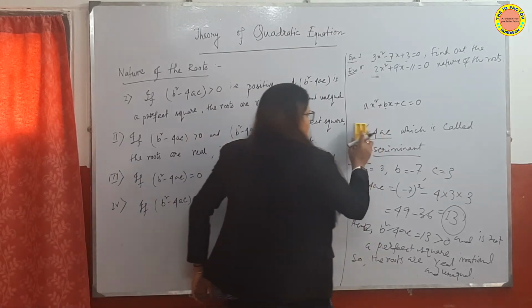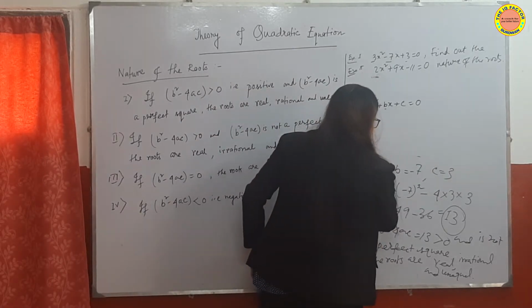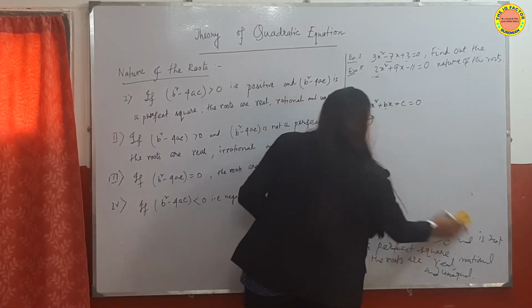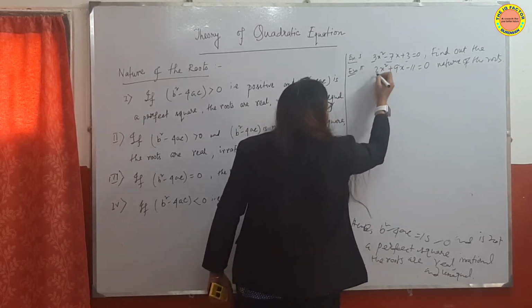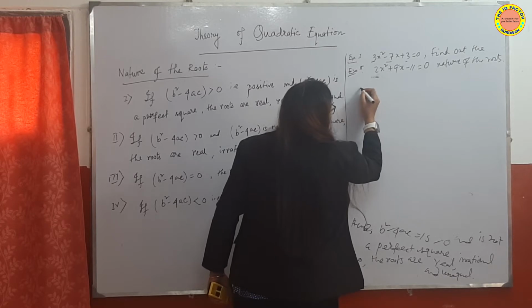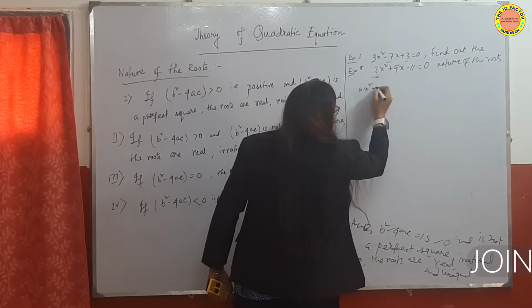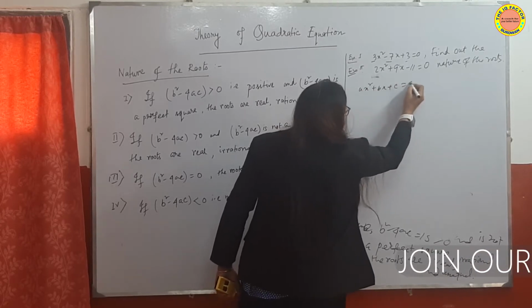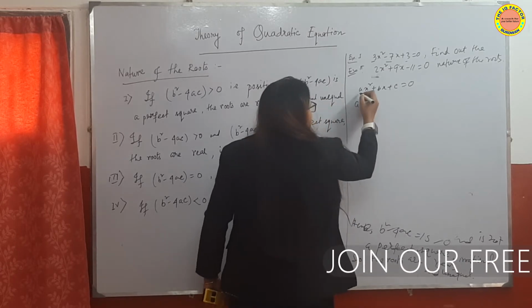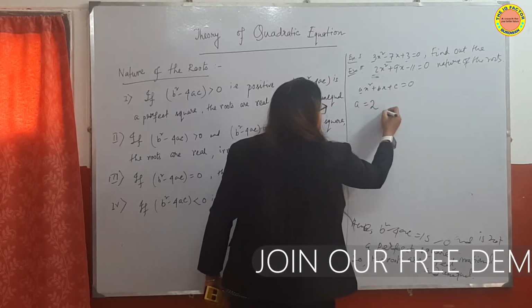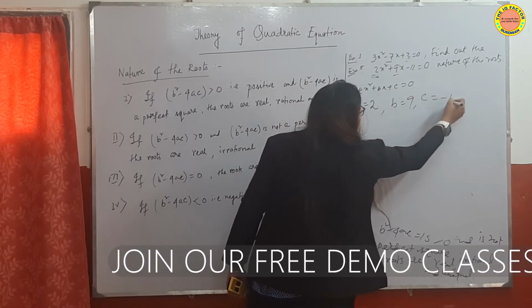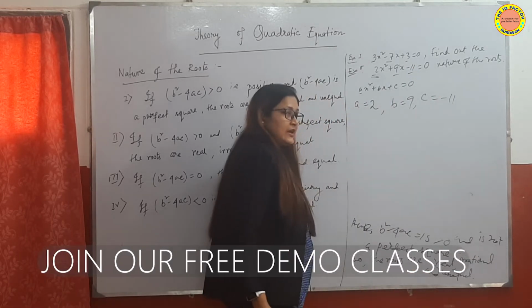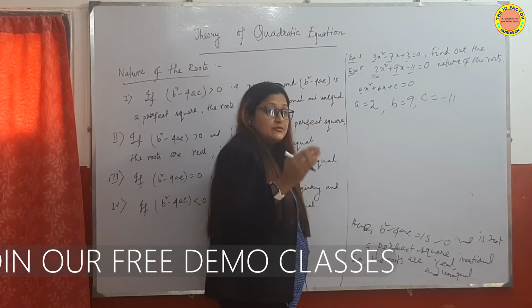Example second. Comparing the equation with ax square plus bx plus c is equal to 0, what is A? A is 2, B is 9, C is minus 11. What do we have to calculate first?